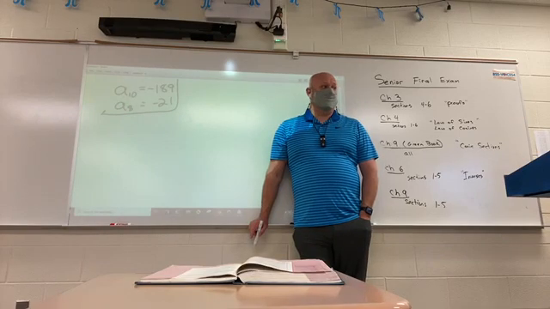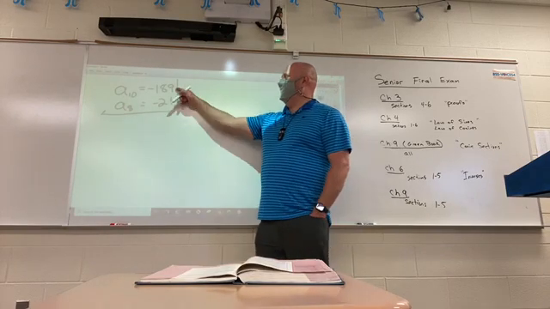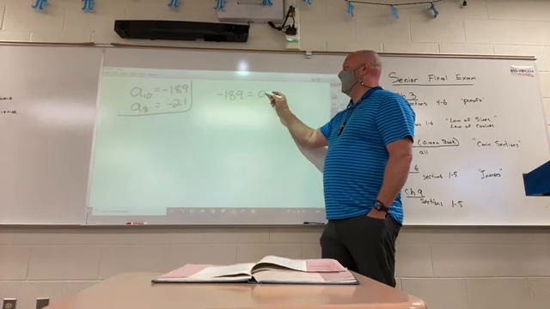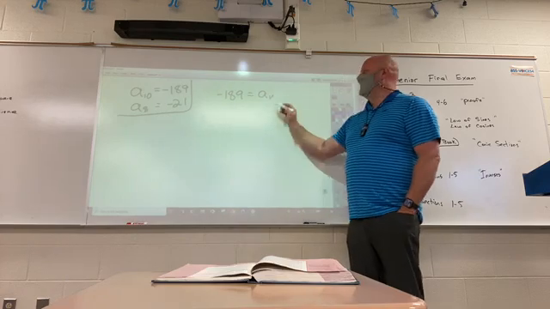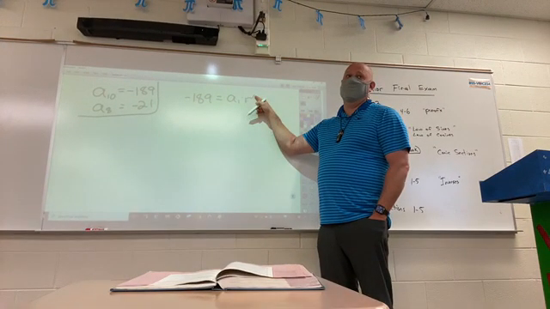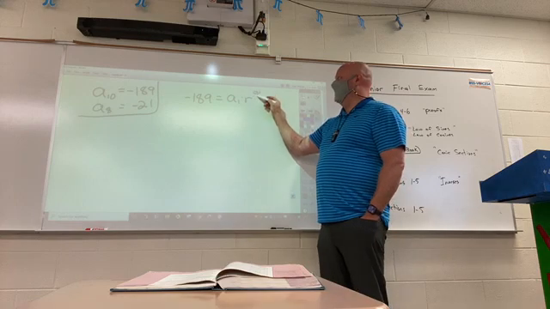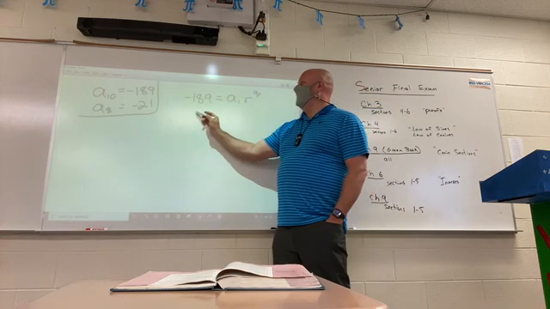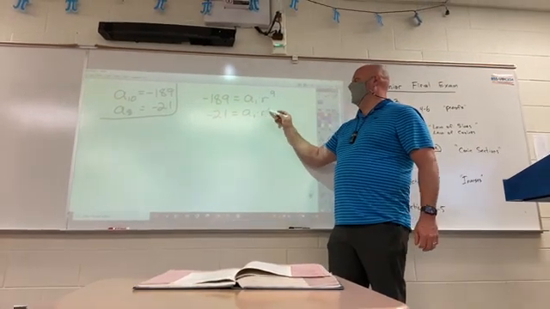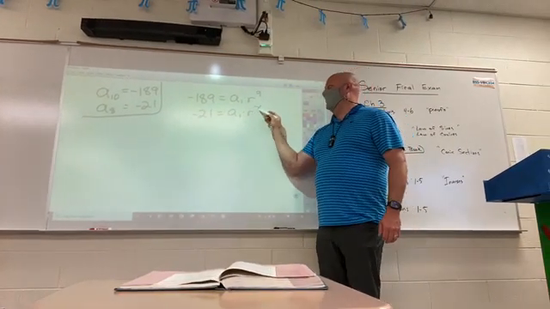Set up a system of equations, right? What would negative 189 have to equal? A sub 1, which I don't know, times r, which I don't know, raised to what power? The 9th power, right? And negative 21 would equal a sub 1 times r to the 7th power.